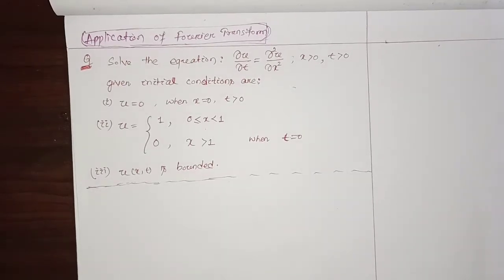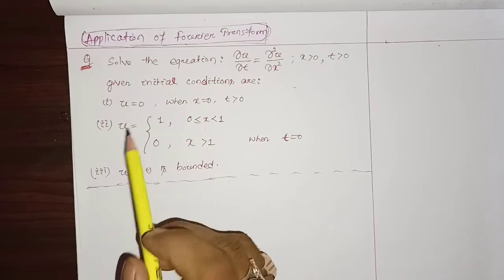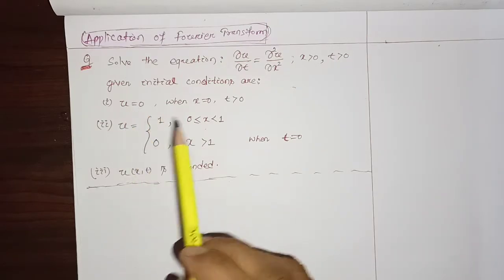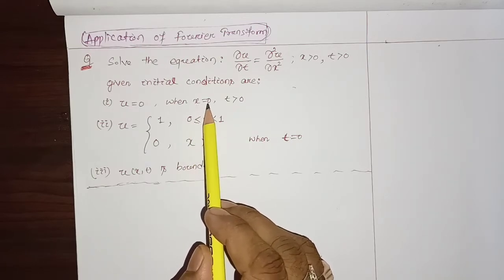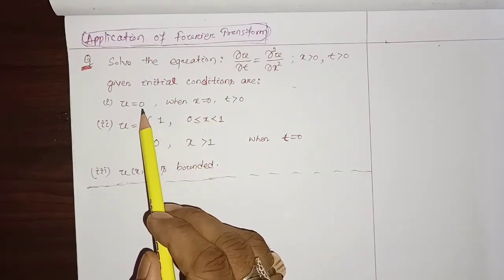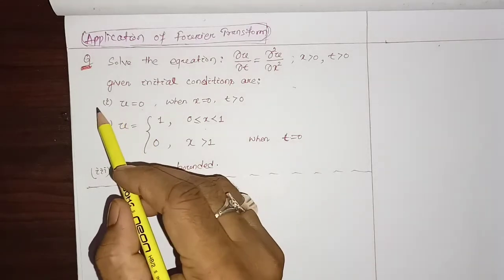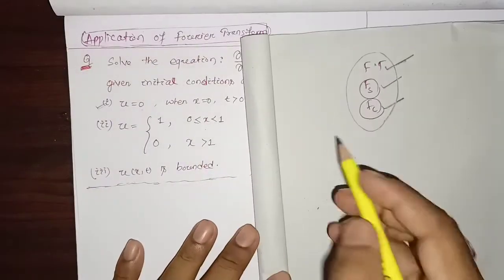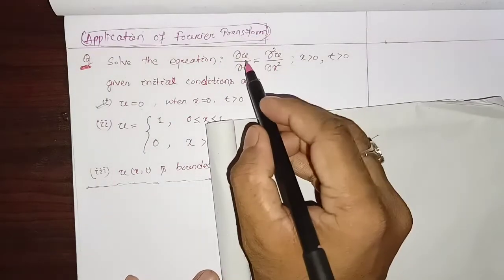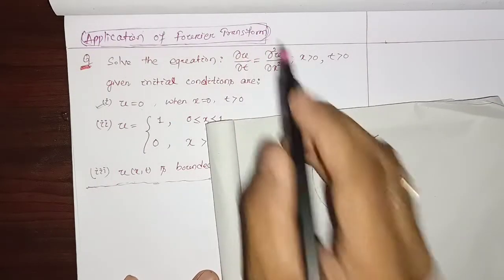From this question you can see that the initial condition is given that for x equal to 0, u equal to 0. If we consider this initial value condition, we always have to remember that u is a function of x and t.